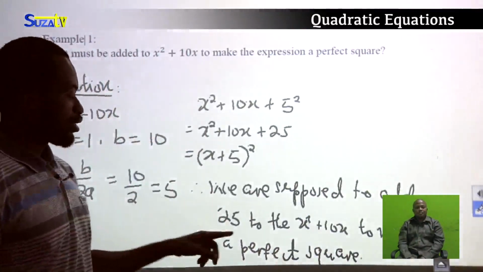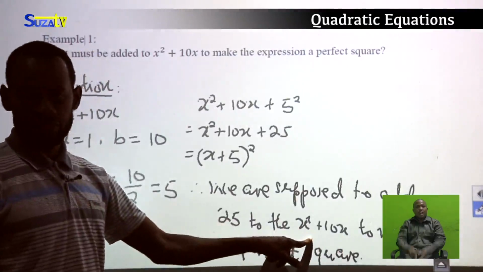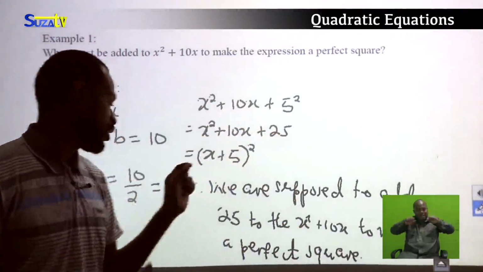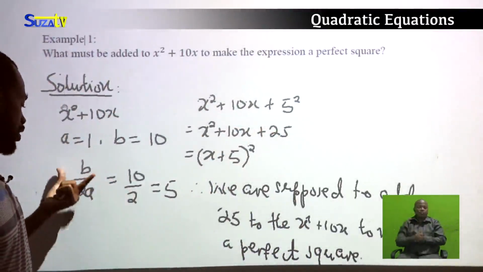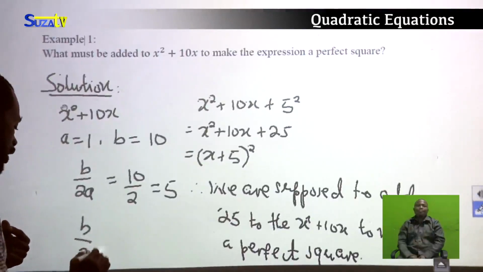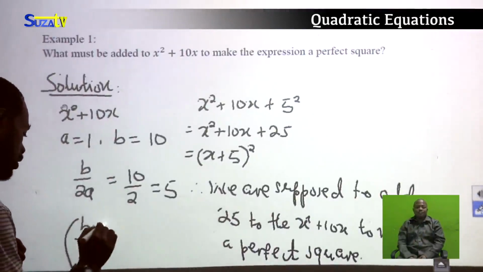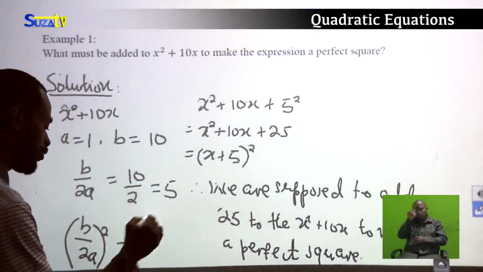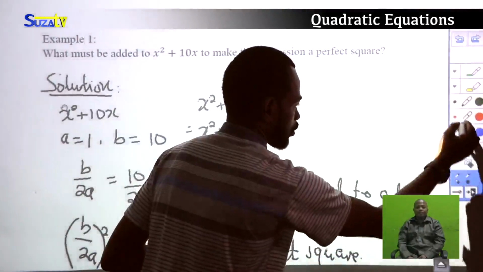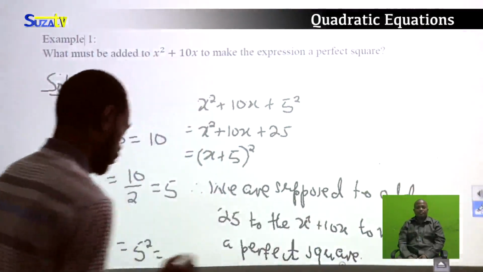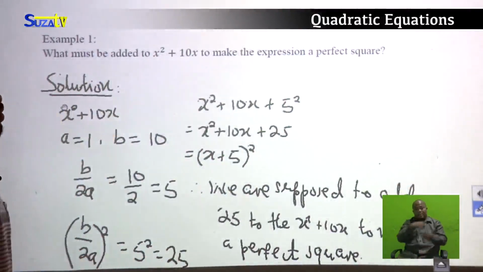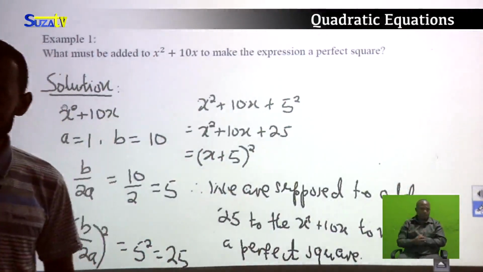Okay, so to make this expression a perfect square, we are just supposed to add 25, because 25 is the value of b over 2a, the whole thing squared, which is equal to 5 squared. This is equal to 25. Are we together?